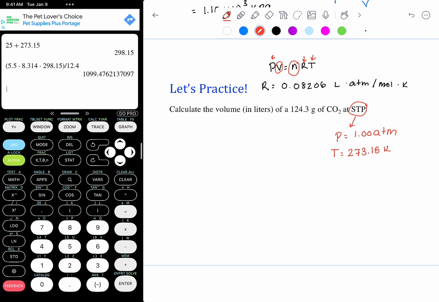However, we are given grams of carbon dioxide, meaning we are able to go from grams to moles using our molar mass. So that's something that we've done multiple times now throughout this course. So to start off that problem, we need to take 124.3 grams of carbon dioxide, and we need to find the molar mass of carbon dioxide.